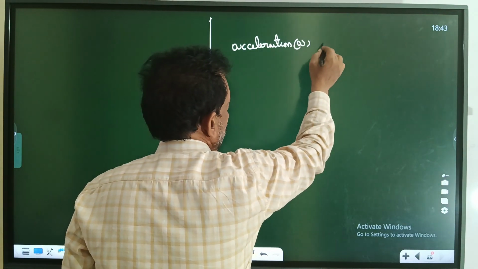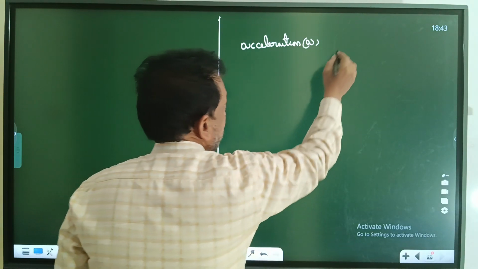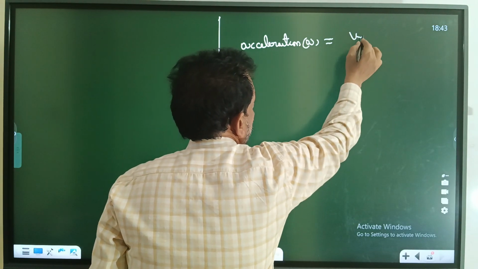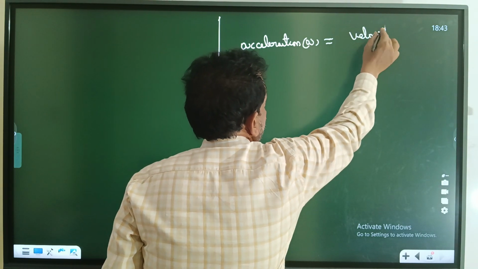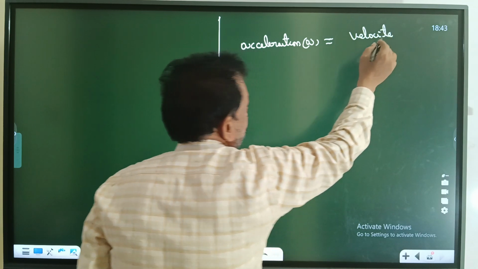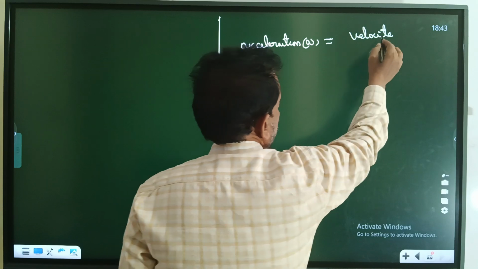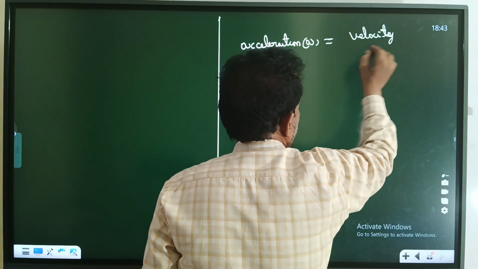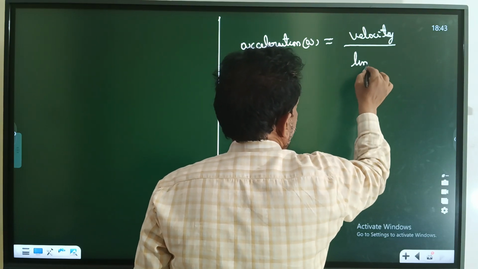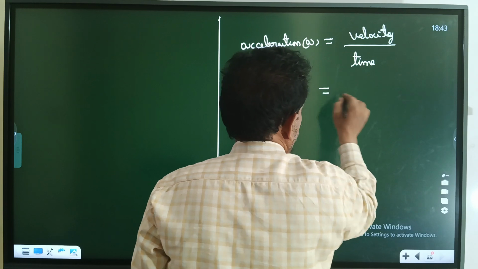Acceleration is the rate of change of velocity: velocity by time.